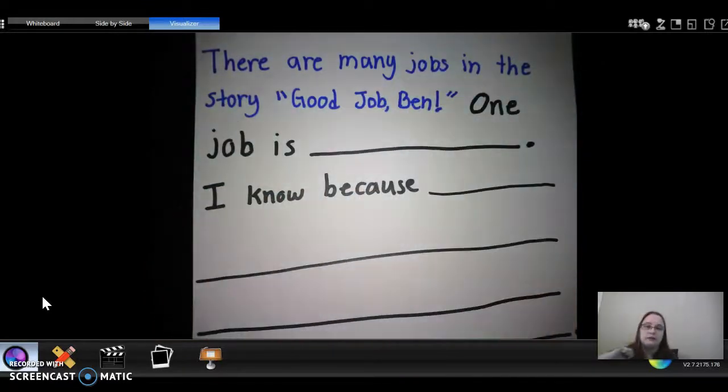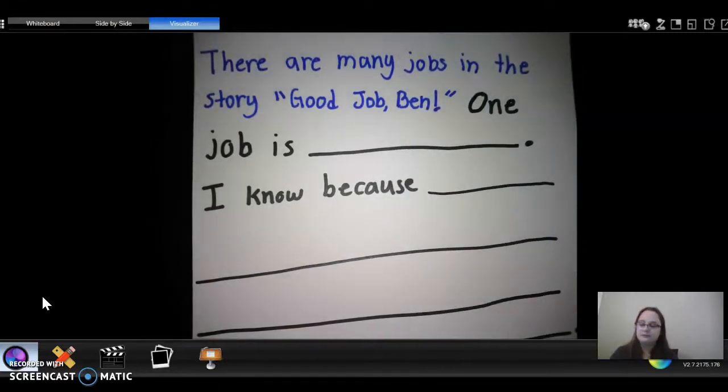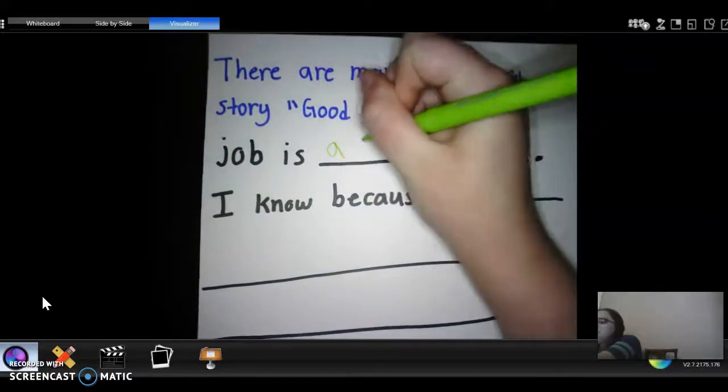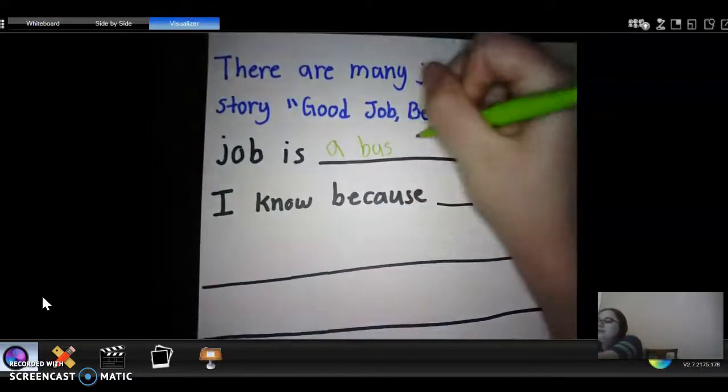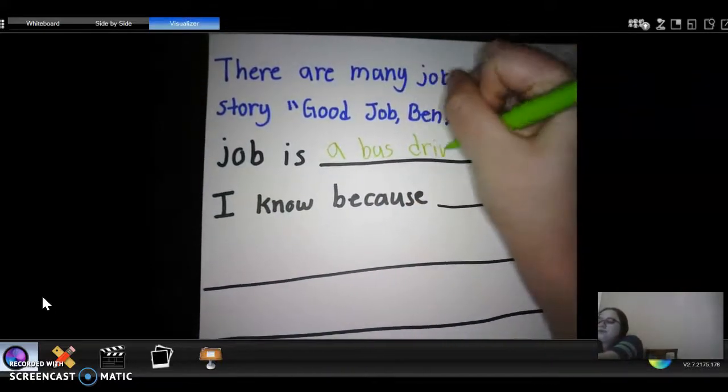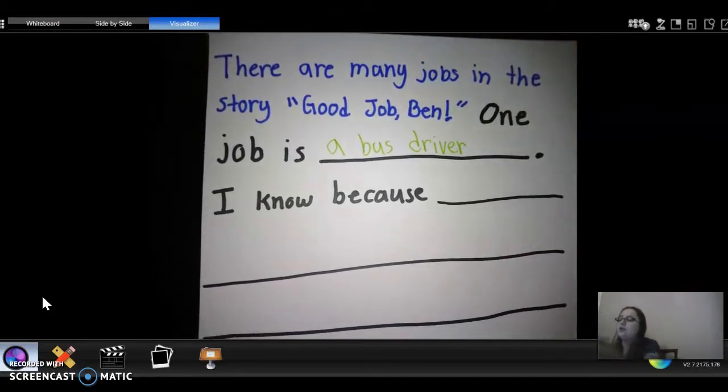Good job, Ben. Okay, so you're going to copy that directly from my example. One job is a bus driver. So you guys will not be able to use bus driver as your example or as your job. So one job is a bus driver.